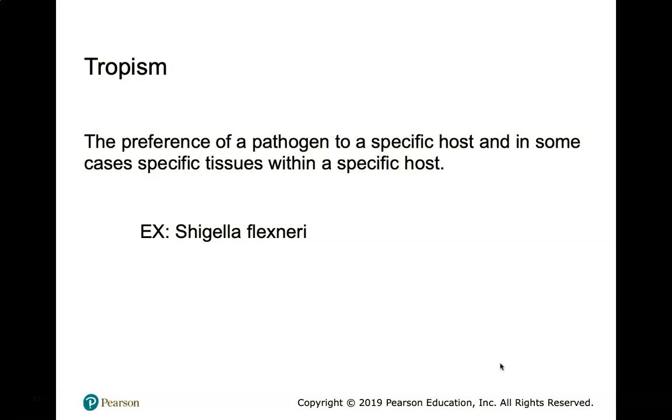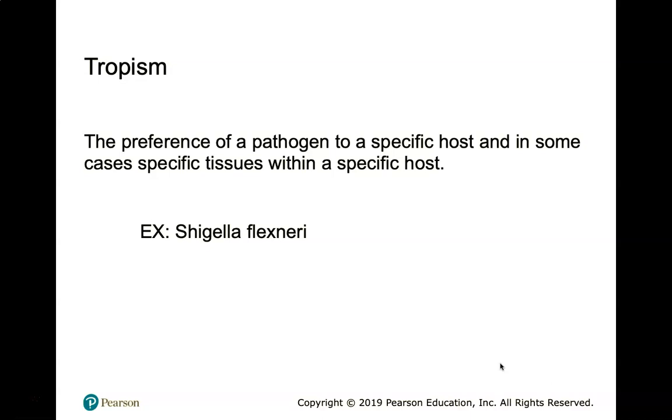So this organism is a really good example of tropism, where that pathogen is unique to humans and primates, right? And then specifically it looks for places to colonize and cause infection within GI tissue, gastrointestinal tissues.